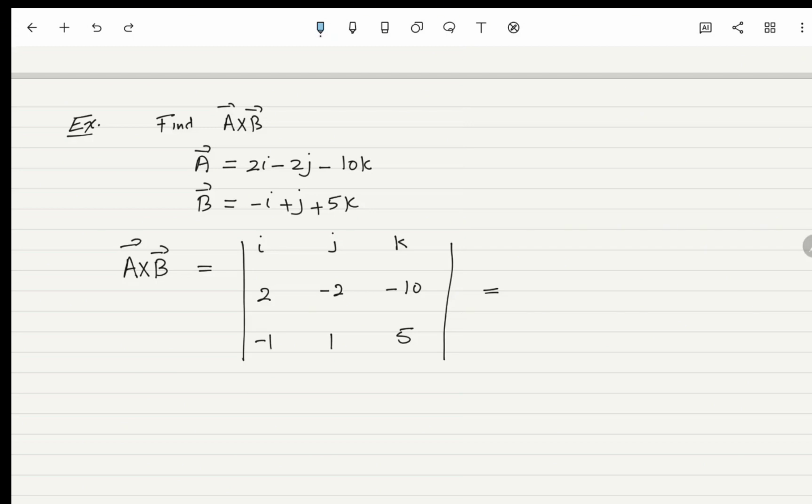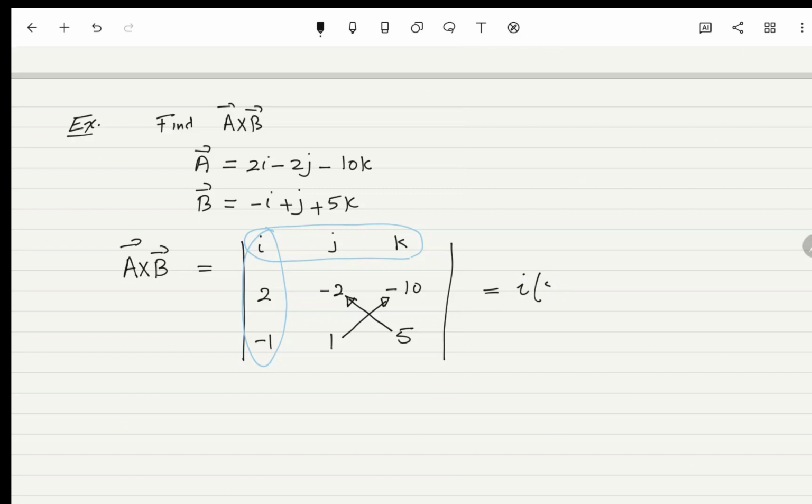Now to find the result of this determinant, you hide this row and hide this column. And remember, the common one here is I. You multiply this with this minus this with this.